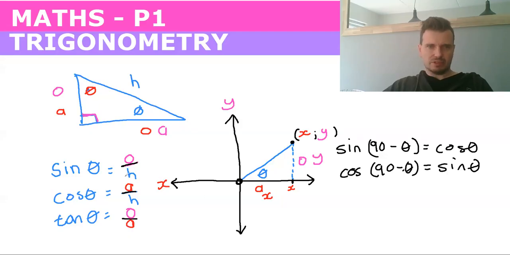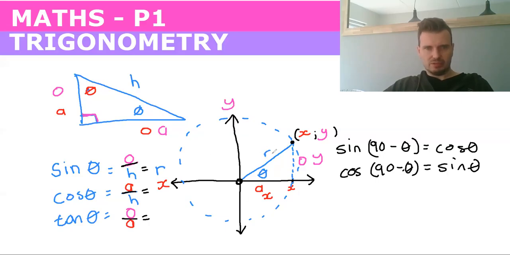And the hypotenuse is still this blue line, which they say is r, because if you think of this, it could be a circle with this being the radius, instead of calling it the hypotenuse.